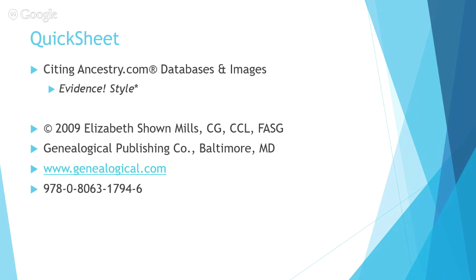So what I wanted to do was take those examples on a quick sheet and make them real for me. And most of my research is on ancestry.com. So I wanted to make sure my citations were there. So I created an Excel spreadsheet.